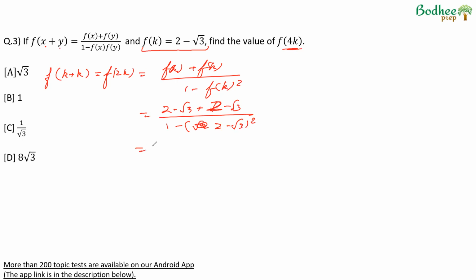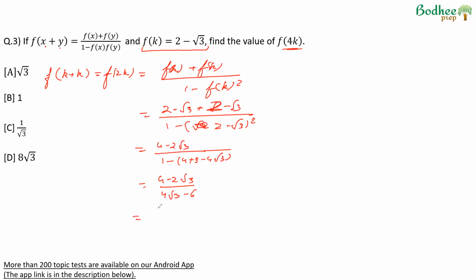This will be nothing but (4 - 2√3) / (1 - (4 + 3 - 4√3)), taking the square, which becomes (4 - 2√3) / (-6 + 4√3). 1 minus 4 plus 3 is minus 6, and minus of minus 4√3 is 4√3.